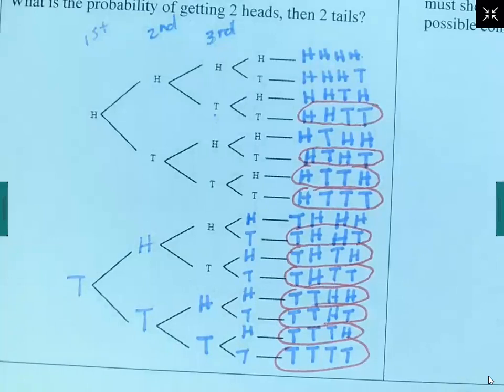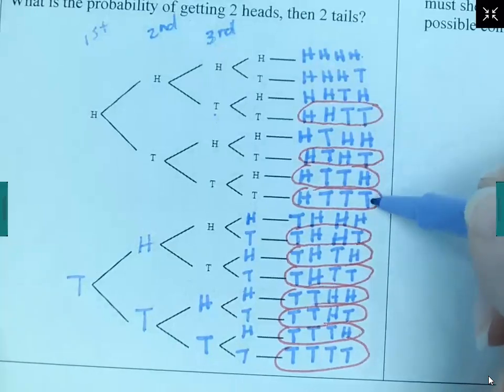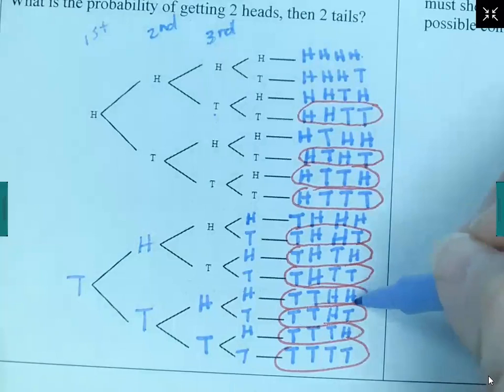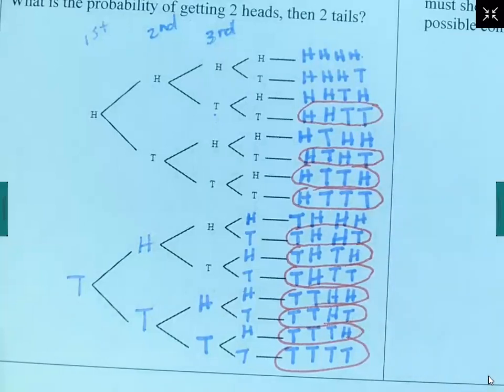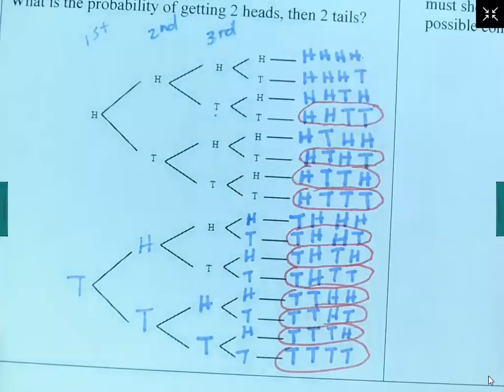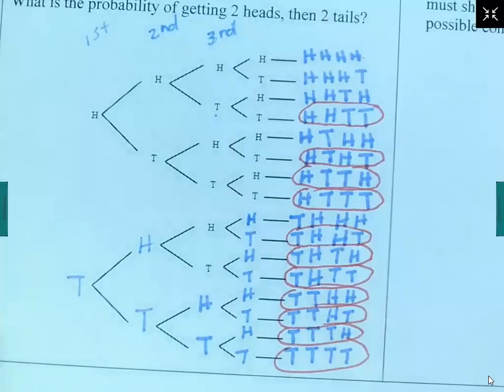Parker, how many did you get with 2 T's? Well, count again. 11. Out of how many total do we get? 16.